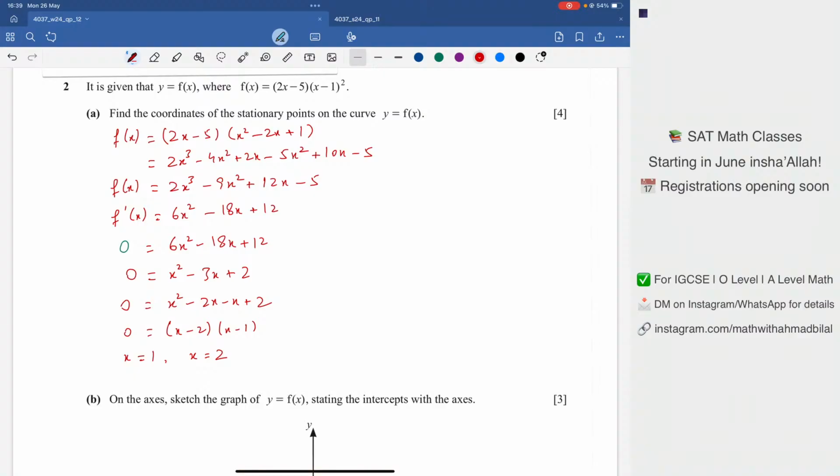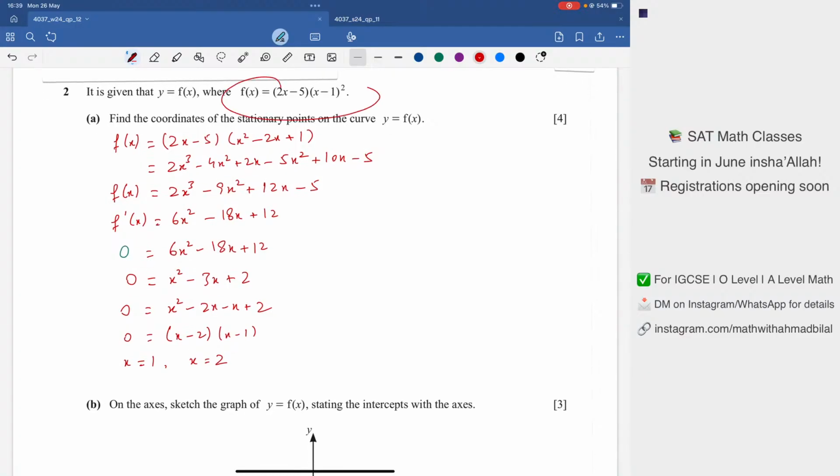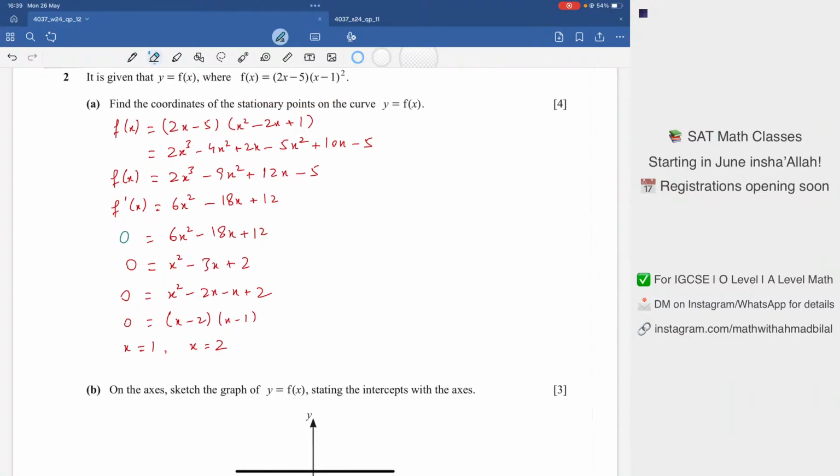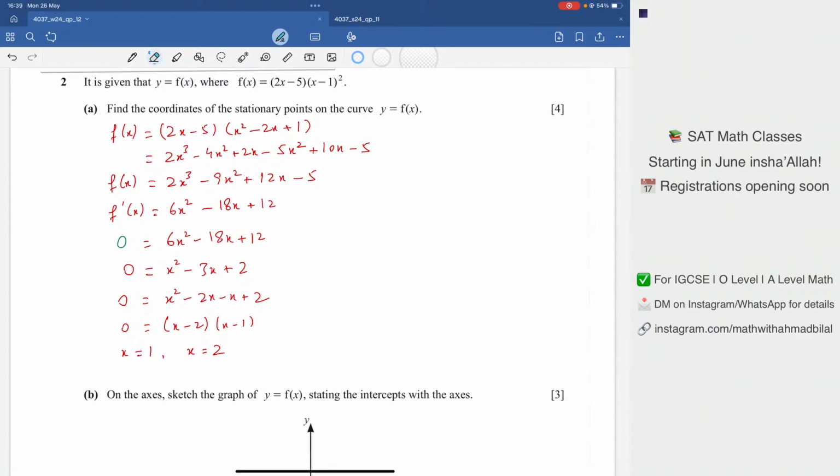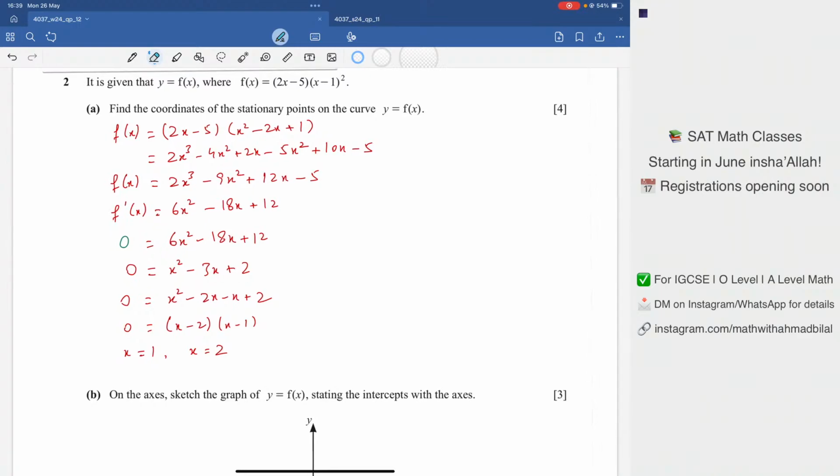What about the corresponding y coordinates now? We've got this function here. Let's input these values back in that function and see what you get from that. Corresponding y coordinates. F of x is equal to, actually let's use this form, it will be slightly simpler to work with, I think.